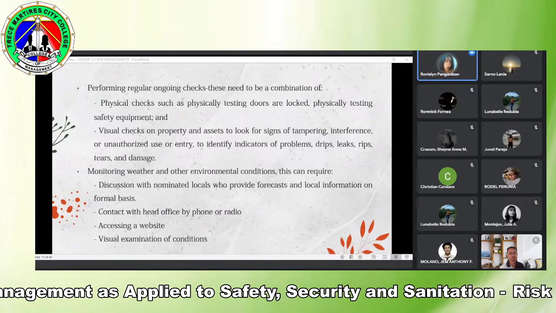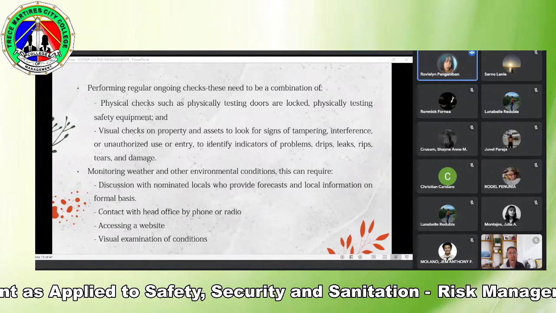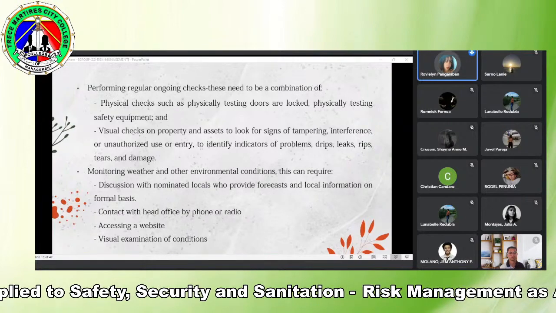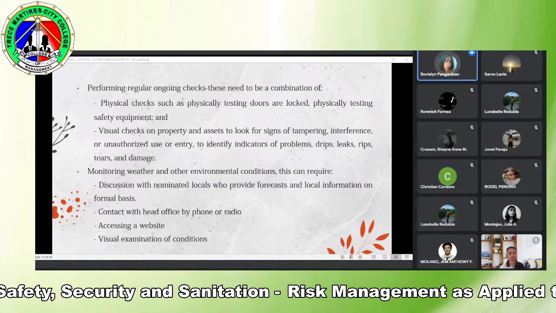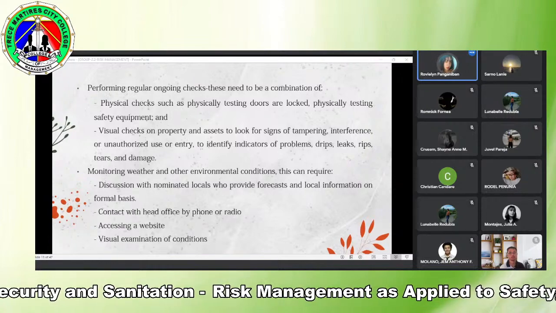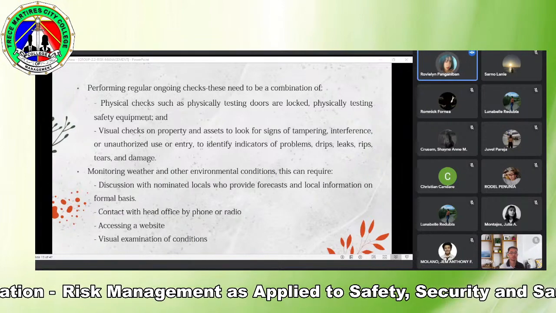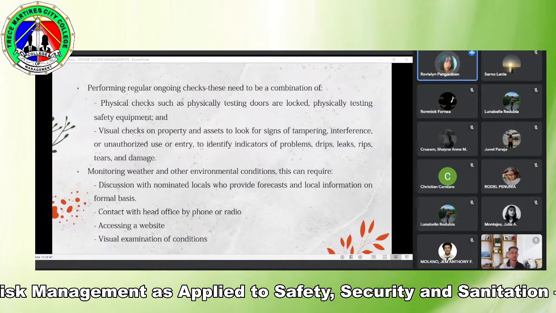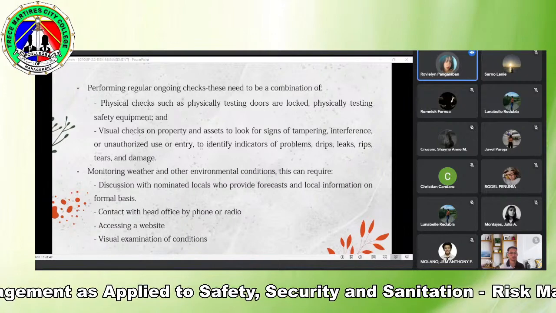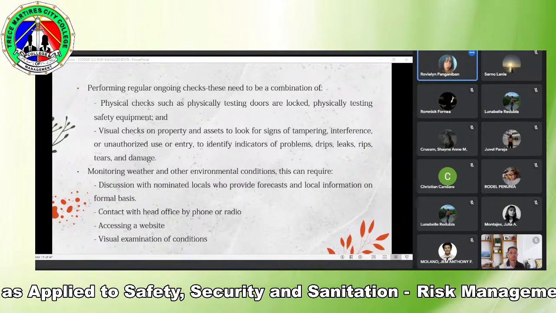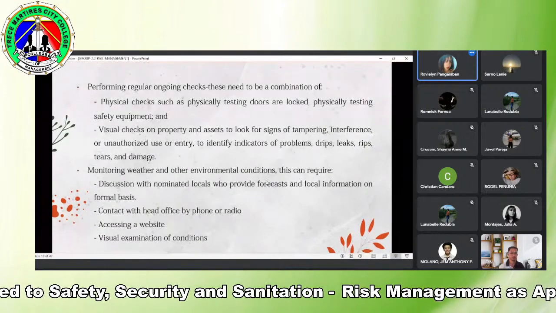So the last one is visual examination of condition. So yun nga, before tayo mag-accept ng mga guests natin or ng kahit ano pa man, dapat i-check natin kung maayos ba yung pupuntahan nila para maging safe din sa atin at sa mga guests po. Next po.